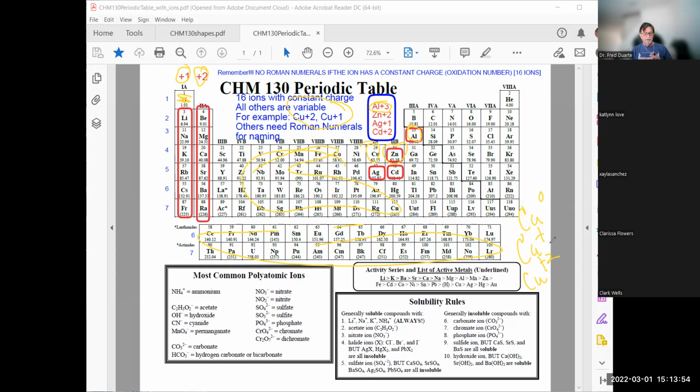Notice that, unlike the A group elements, the main group metals, we cannot predict the oxidation number for the other metals, and we have to distinguish the two by using Roman numerals. So copper(I), the +1, will be designated. Let me clear this up a little bit.